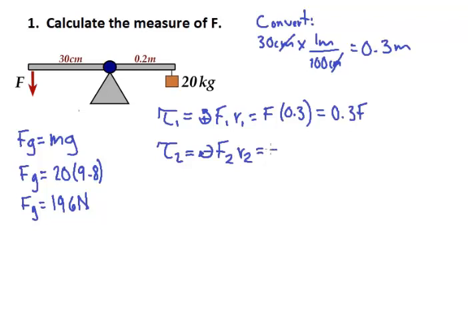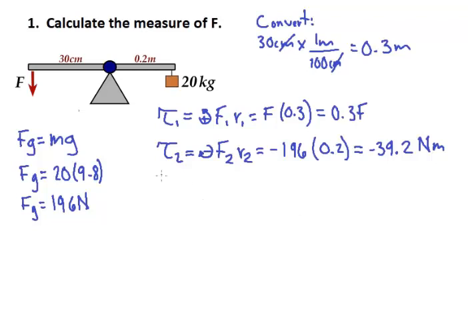Since it's negative, I'm going to put a minus, and I'm going to put F2 being the gravitational force. So that will be 196. R2, or the lever arm for this, will be the 0.2 meters. So I'll put in here 0.2. 196 negative times 0.2 will give me negative 39.2 newton-meters. So those are the two torques that I have.